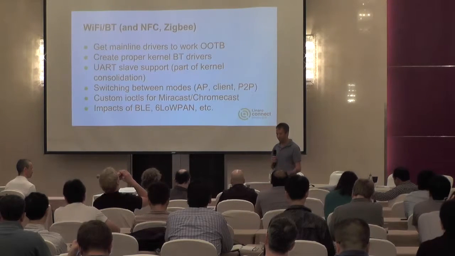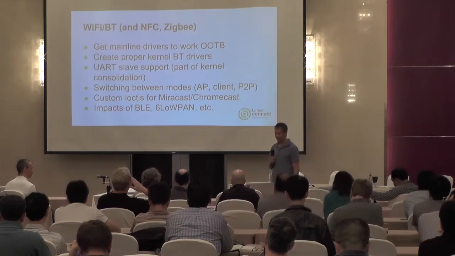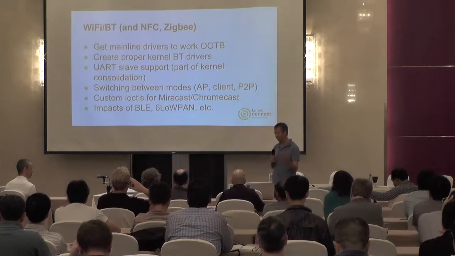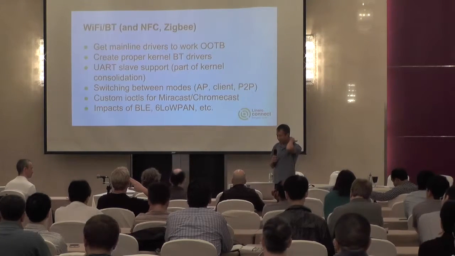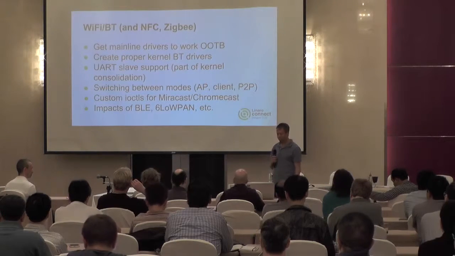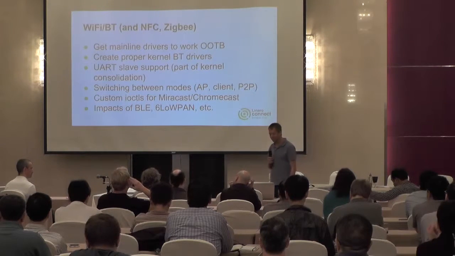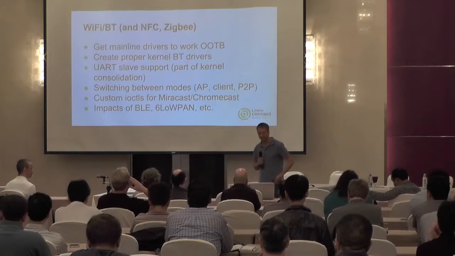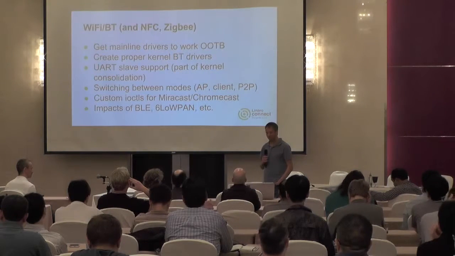Maybe when you plug in your device at the beginning, it comes up as an access point so you can configure it. I think that's how Chromecast works, if I recall correctly. Custom ioctls for Chromecast are maybe less interesting to IoT. What do they do? I don't know.